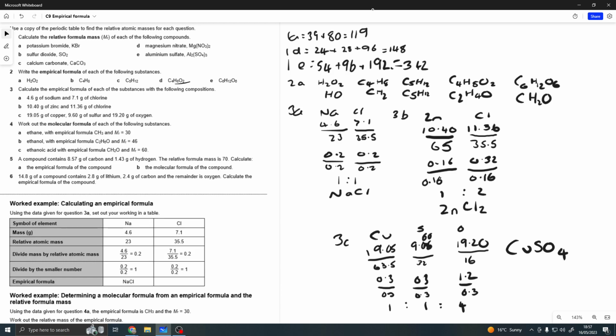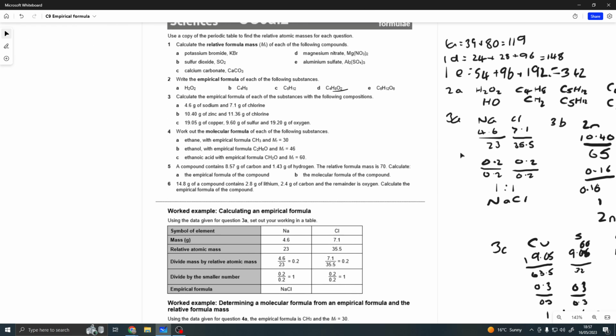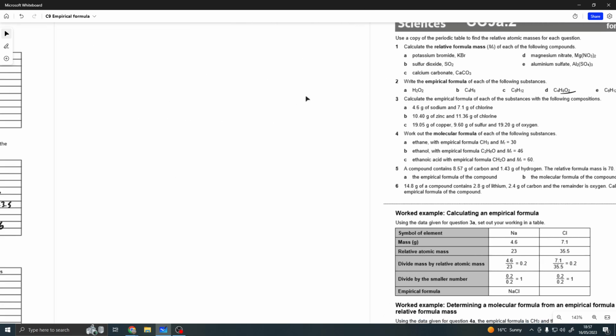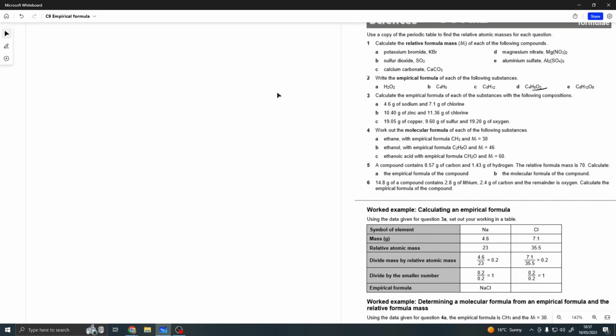What I will do in the interest of having some room is I will simply whiz across here and we will write on this side. So we now have, right over here, question 4. We need to work out the molecular formula of ethane, with the empirical formula CH3 and MR of 30.